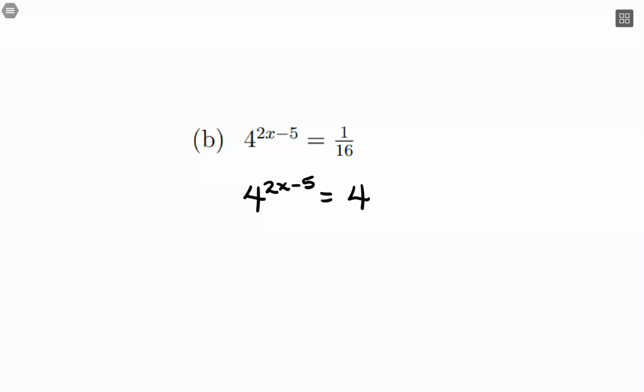Now, this turned into a fraction, so that tells me that the exponent should be negative. And then it's 16, which comes from 4 squared. So what I just did there is I re-expressed 1 over 16 as a base and exponent with 4 to the -2. And how I think of that is just like how I said it out loud.